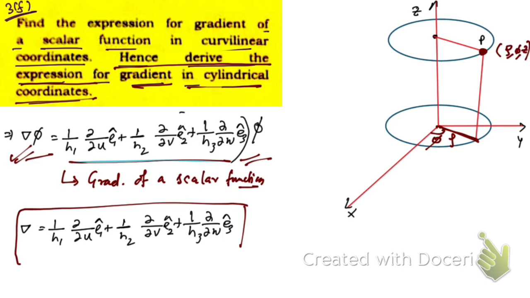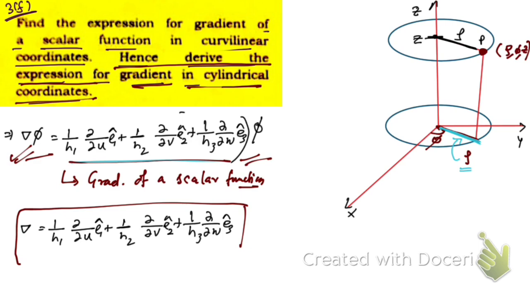This projection is rho, and so this one will also be rho, and it cuts the z coordinate at z, suppose.